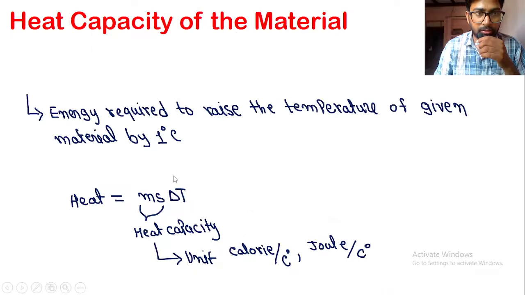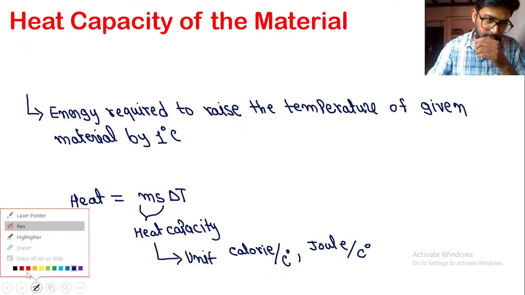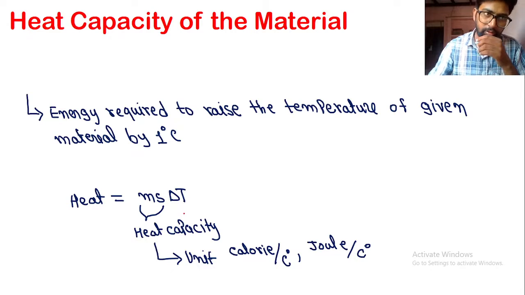Okay, come to another concept, that is the heat capacity of the material. As we know that heat is energy, we can say that heat equal to m s delta T. If we multiply m s, that equals heat capacity, unit is calorie per degree Celsius and joule per degree Celsius.